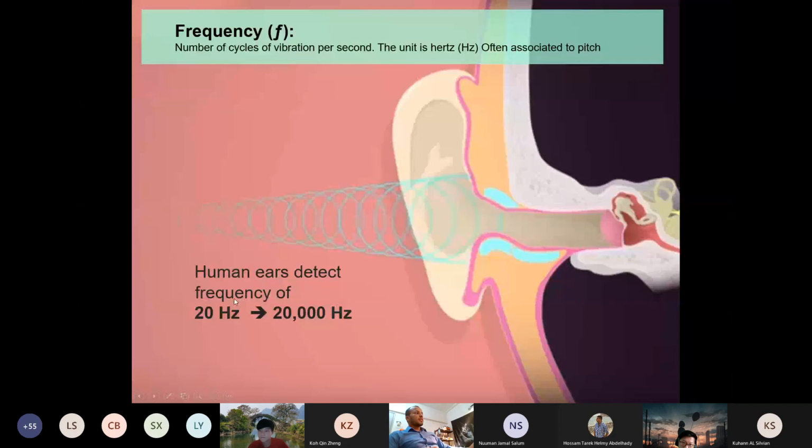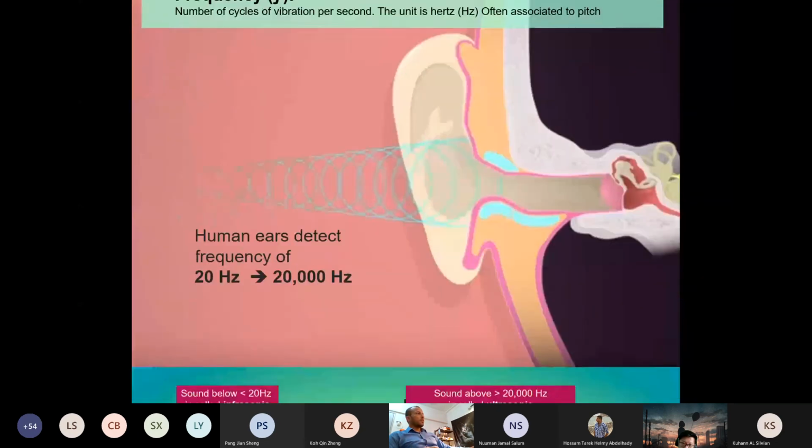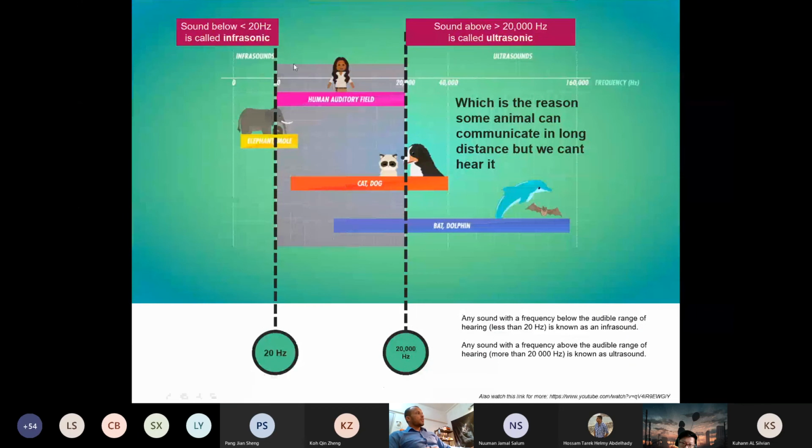So human ears detect frequency from 20 to 20,000 hertz. You know, frequency is in hertz. So this is the threshold, we call it. Of course, other animals like your cat can hear things that you cannot hear. Your dog also, if you have one. If you see here, the human threshold is from here to here, so basically 20 hertz to 20,000 hertz.